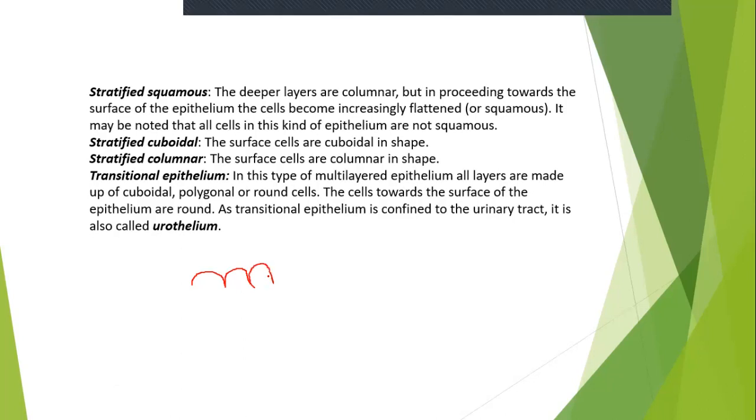Some are uninucleated, others are binucleated. These are the umbrella cells. This transitional epithelium is confined to the urinary tract, and for this reason it is called urothelium. So the surface cells are umbrella or dome shaped.